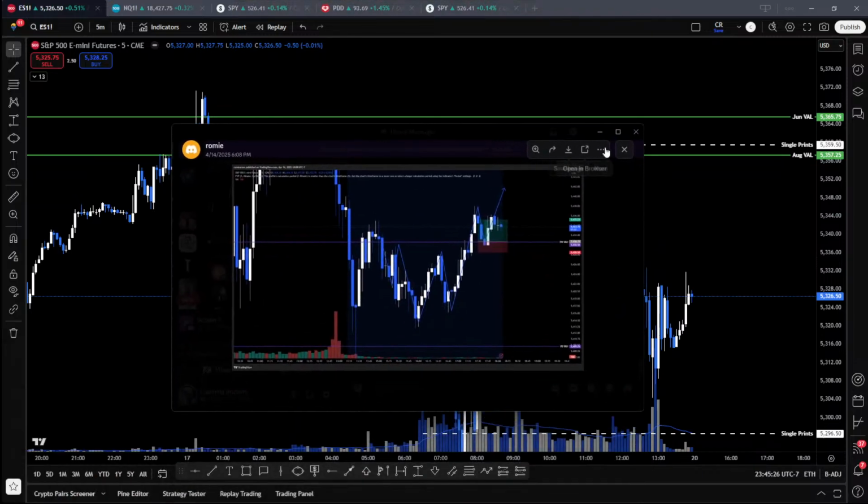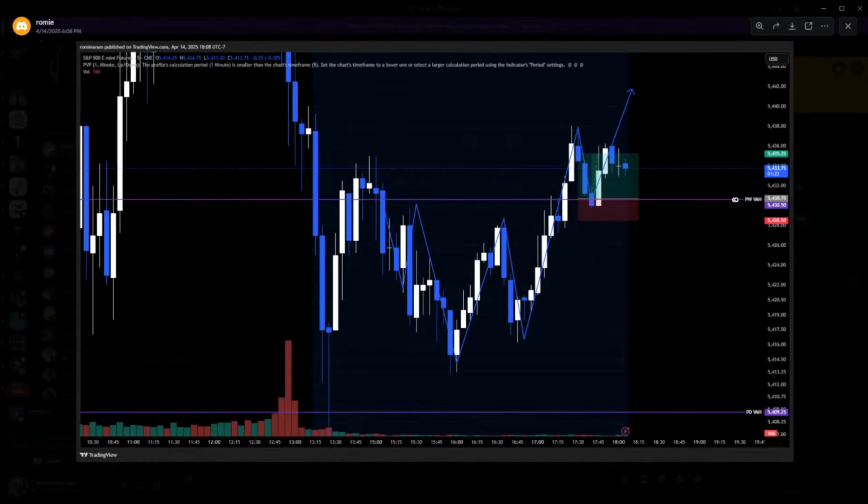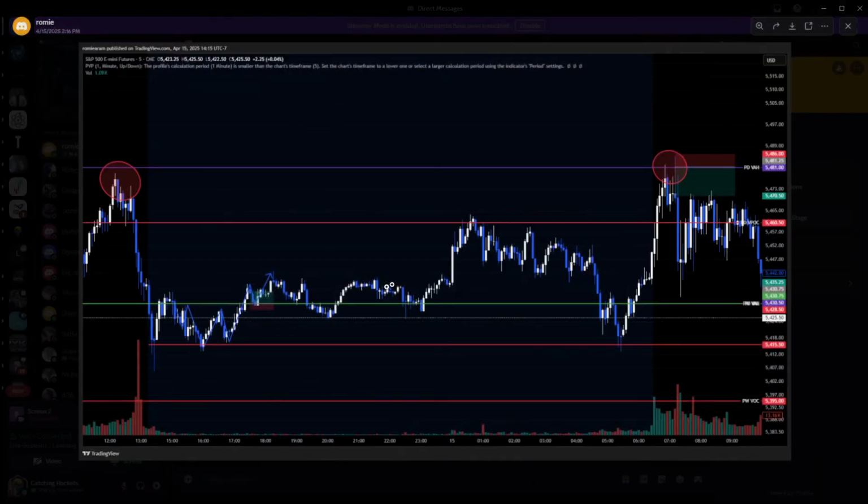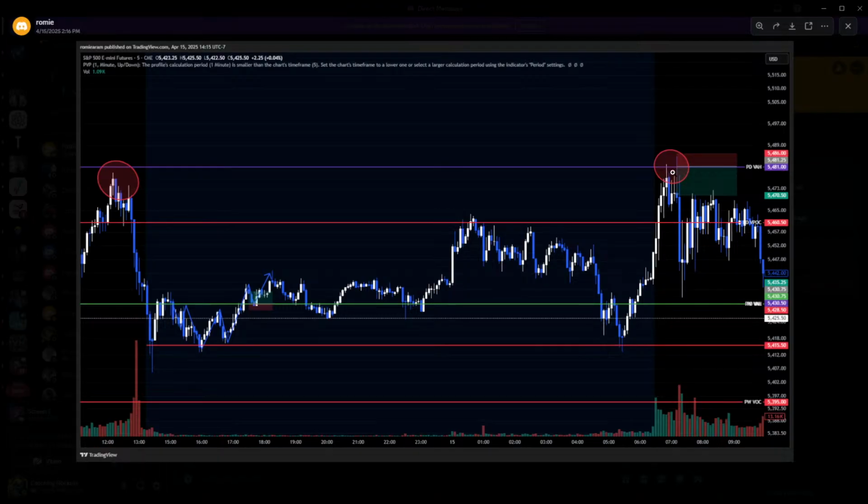Yeah, so this is a setup he sent me. This one here, where was it? This is a trade I actually took. And me and Romy talked about this. I just didn't understand why he was only targeting like 10 points or 11 points here. But we already talked about all of that.